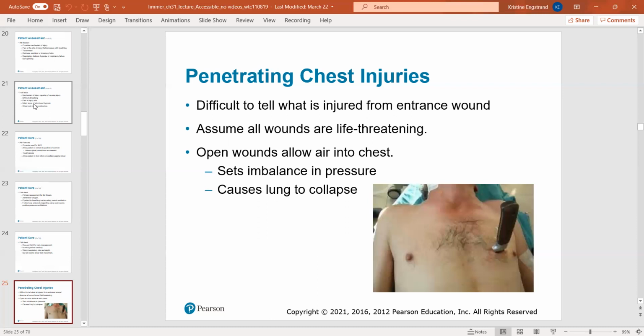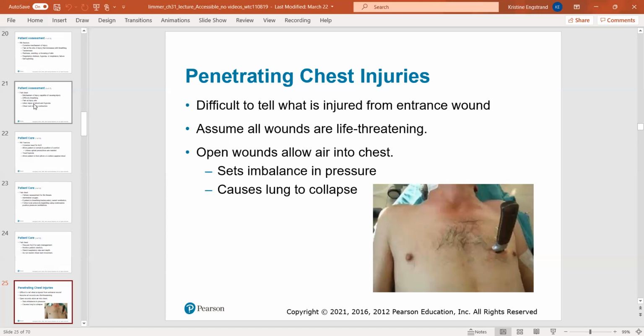Open wounds allow air into the chest. Okay, so this one in particular, no, because the knife is still in there. If the knife was pulled out, we now have an imbalance in pressure. Remember that negative pressure going in when we're breathing, positive pressure on exhalation. So we are getting air into the chest that shouldn't be getting into the chest that way.